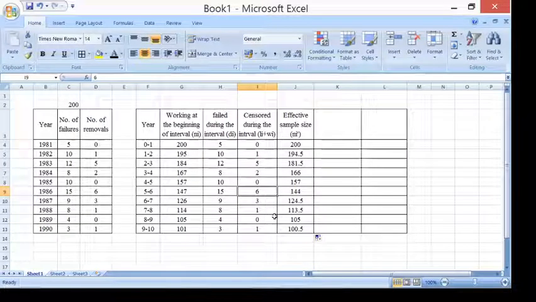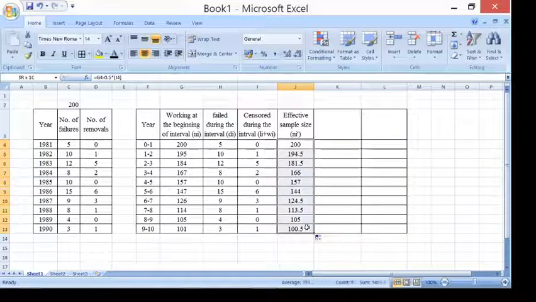We assume that every one of them was in the system for half of the interval, that is 5 to 5.5 roughly speaking. So collecting 6 halves will get 3 fulls. That is, 6 divided by 2 is 3, and that 3 is subtracted from 147. So we get 144 as the effective sample size.